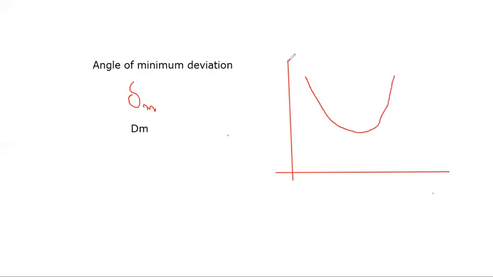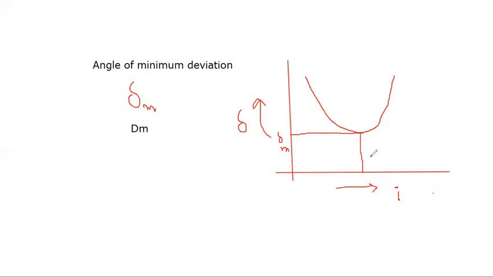Angle of deviation delta is along this y-axis, and angle of incidence I is along this axis, right? So you see that for a particular value of I, the value of D is minimum. So this is dm. This is at a particular value of I where dm is minimum, right?